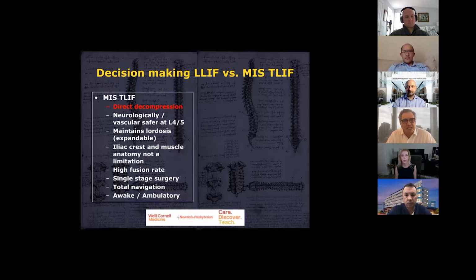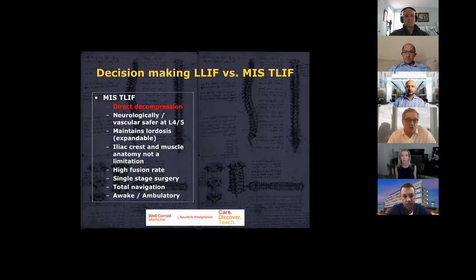The anatomy is not as important in terms of iliac crest and the muscle anatomy. It is very important, though, if you do a lateral approach. The fusion rates are generally very high. It's single-stage surgery. You can totally navigate it, while with the lateral surgery that's very difficult to do. And now we know Mike Wang's data, and there are some other surgeons who do more and more of these procedures awake.